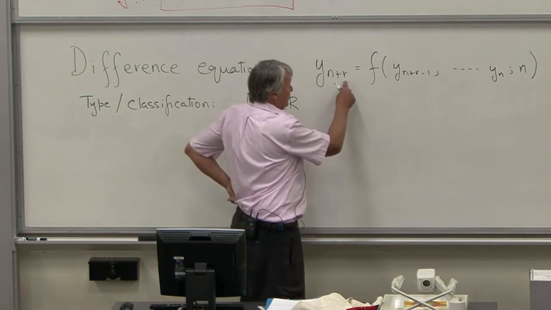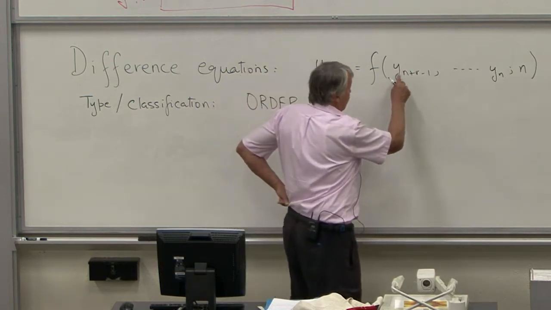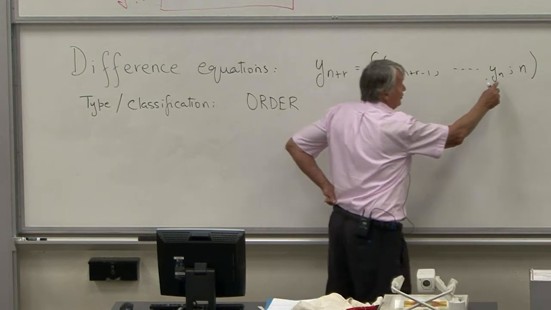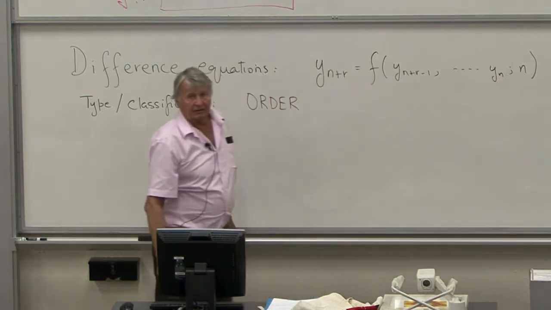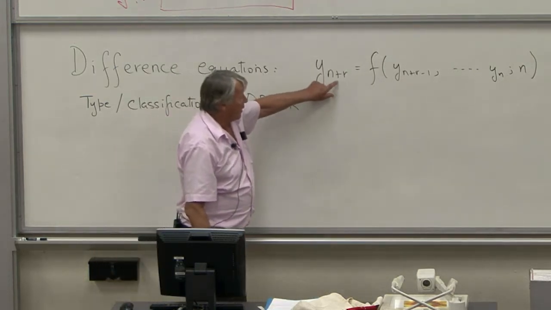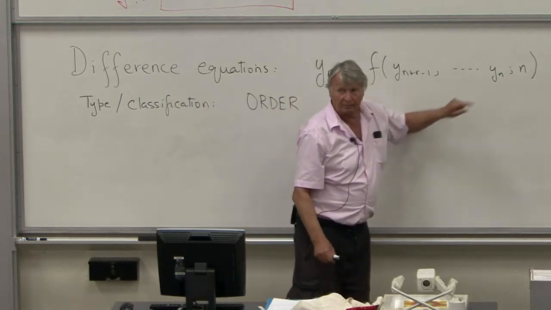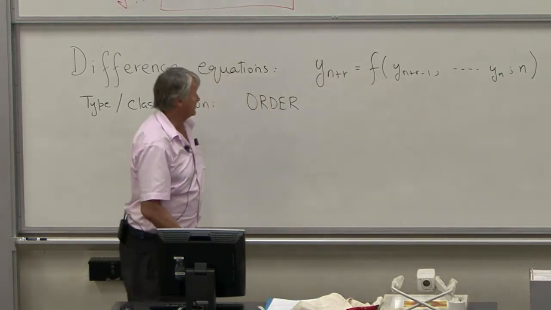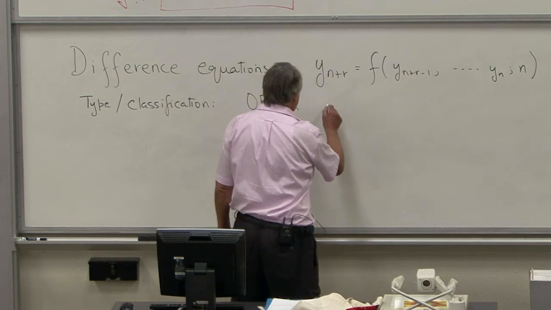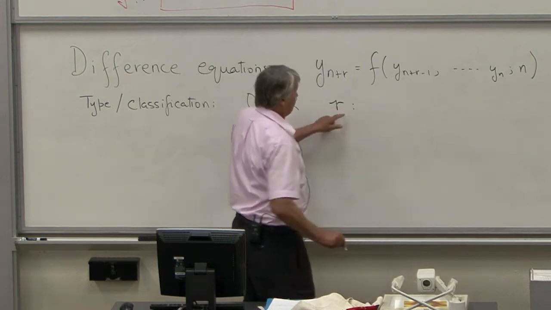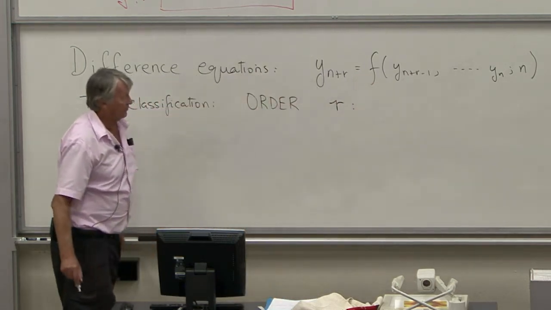Here we have n plus r connected with the value at n plus r minus 1 all the way down to n. Actually there are r plus 1 particular points here, but we say this is of order r.